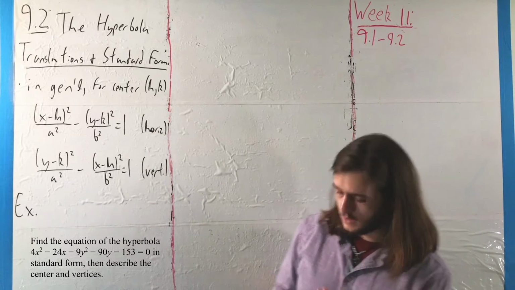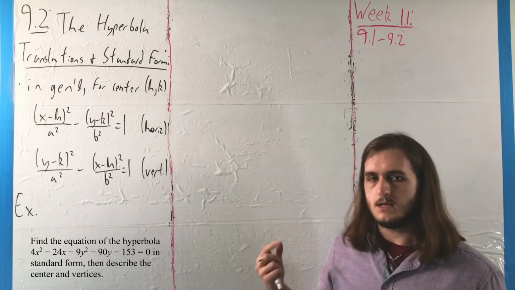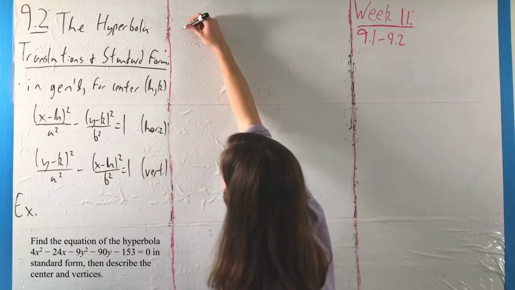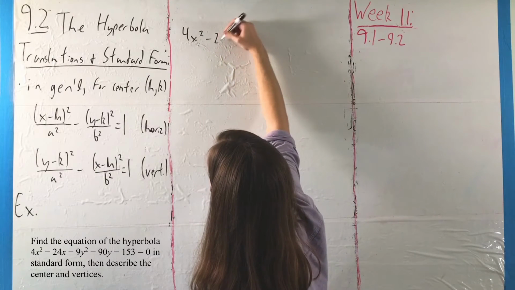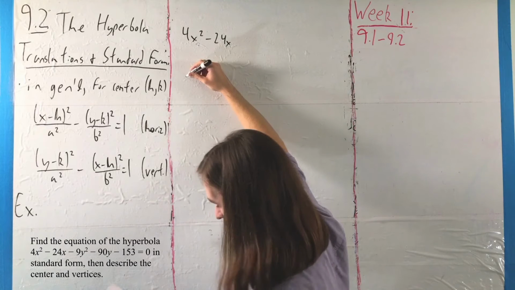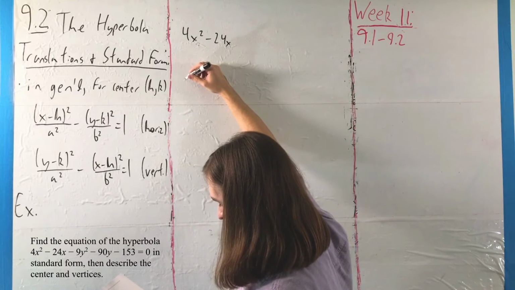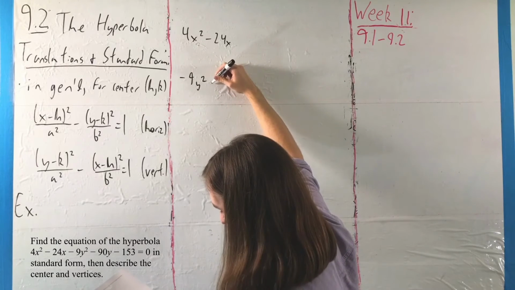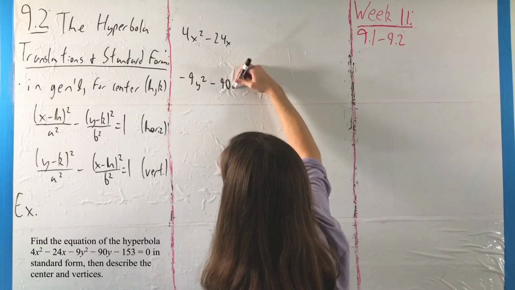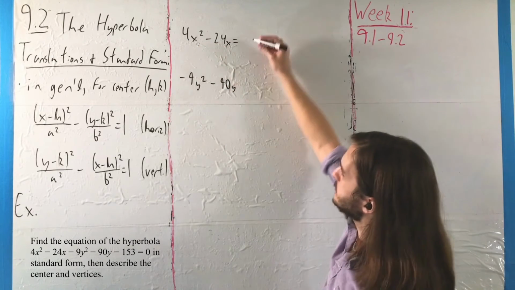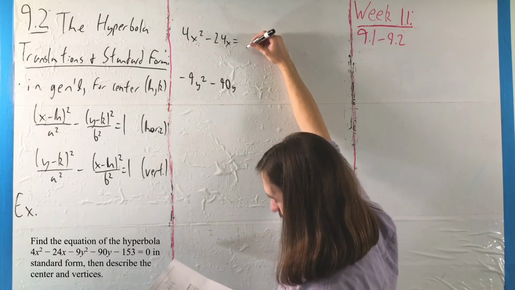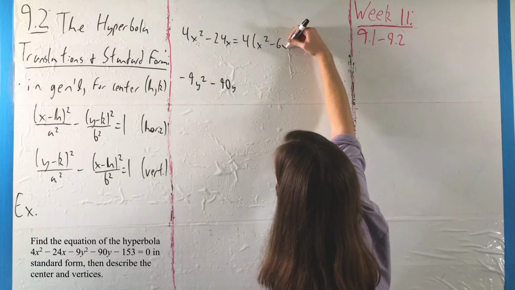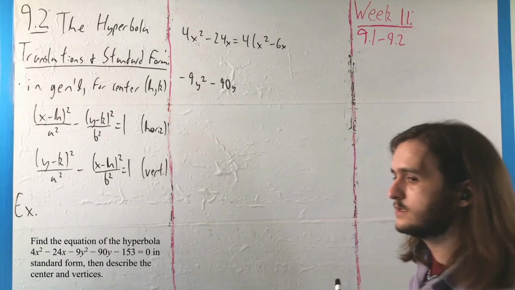To do that, we want to think in terms of our two mini quadratics. That is, we have 4x squared minus 24x, and that less nice but still workable, minus 9y squared minus 90y, where for the first one, we can pull out a 4 to get x squared minus 6x.